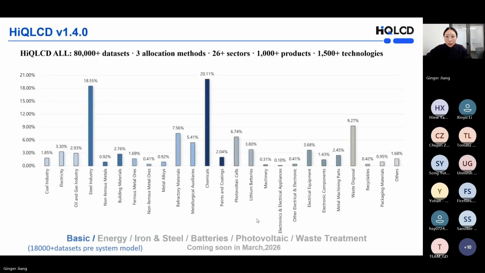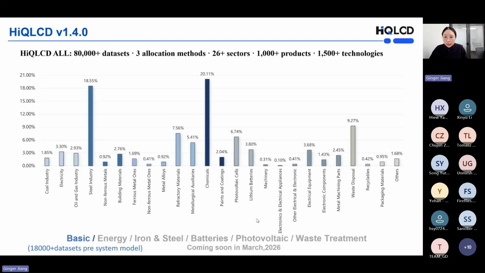disposal, etc. The database we are launching for openLCA is the HiQLCD basic package, which contains more than 18,000 datasets per system model. The basic package of the HiQLCD database covers universal data applicable to all sectors.